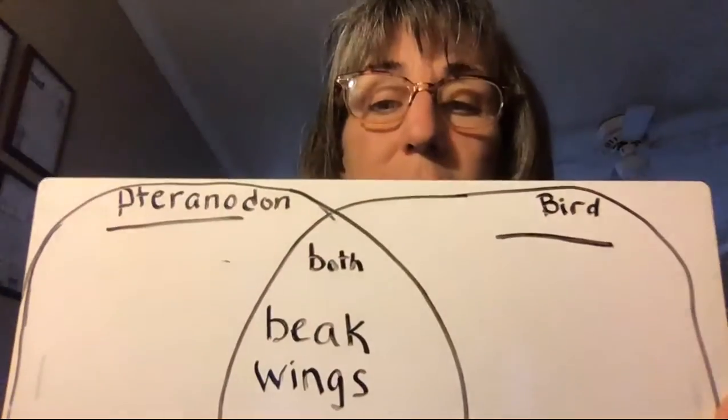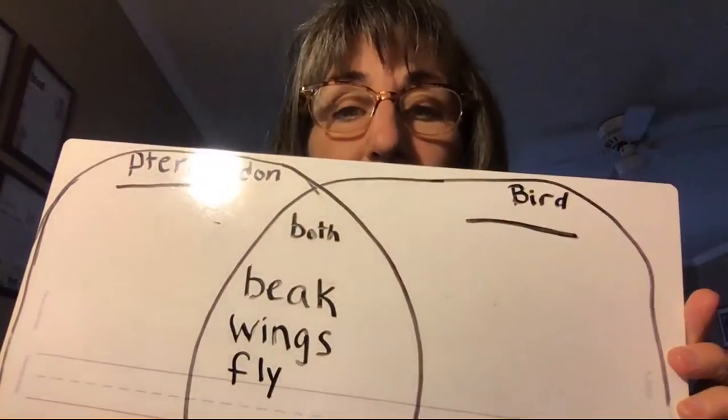So right in the middle, I wrote wings. They both can fly. We're finding a lot of things that are the same about them, huh? Did you think about that they both lay eggs? Probably have a nest. We don't know for sure, so we won't write that one.